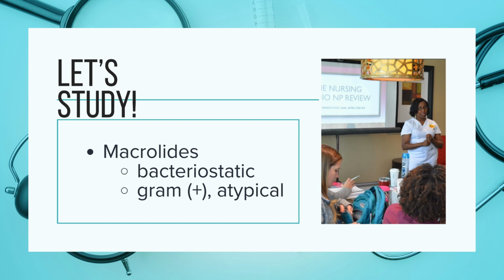Macrolides are typically utilized to fight gram-positive bacteria as well as those atypical bacteria. If you stop and think about it, we commonly utilize macrolides for the treatment of atypical pneumonia. So, thinking about your gram-positive bacteria, remember your staph, your streps, including that strep pneumoniae, your enterococci.